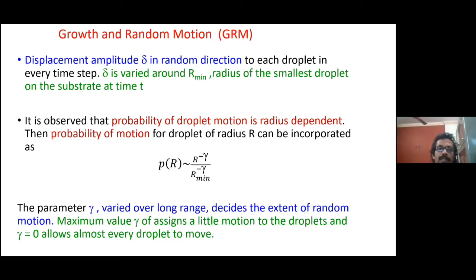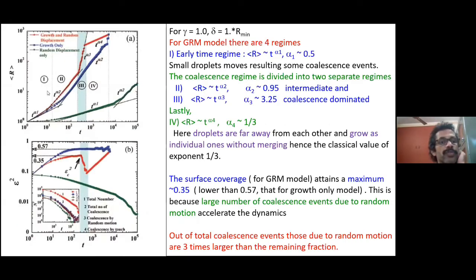It is found in actual experiments that the droplets' motion is radius dependent. It is found experimentally, so we tried to incorporate that and scale the same thing using the minimum radius, or the radius of the smallest droplet present at that time. If you see this red curve, it is the result from our current work, and the remaining two are just comparisons with earlier established works.